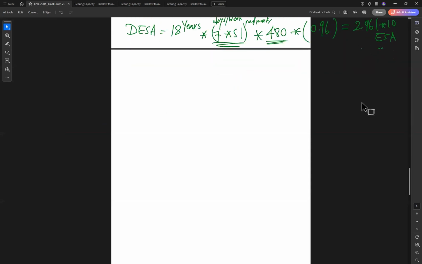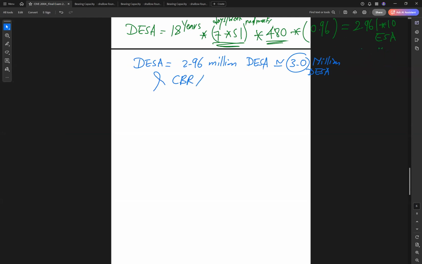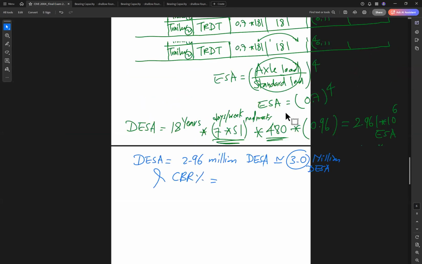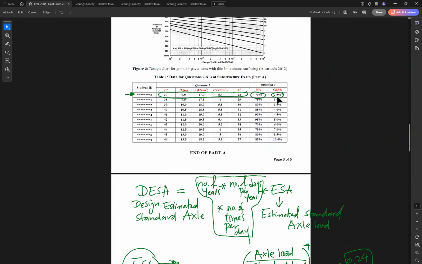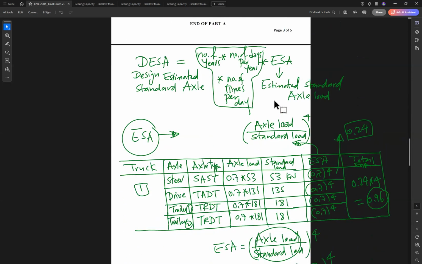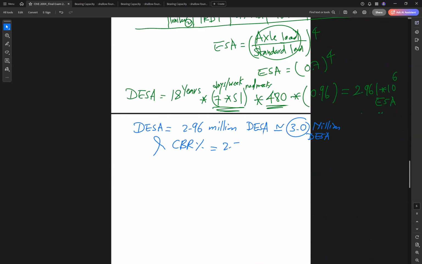What we got from our calculation is DSA equal to 2.96 million, or approximately, for this example, we can take it as 3 just to make it easier. And how much CBR? Based on your ID, let's assume same ID, so 2.5. Okay, so what we need to do?